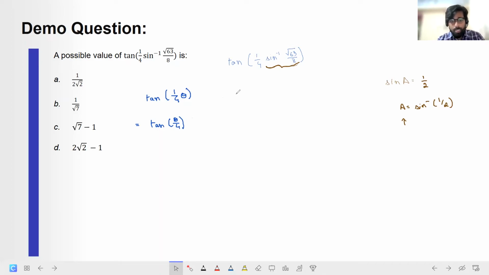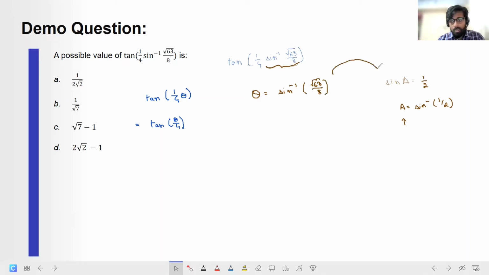Here's how we're going to proceed. The first thing that I did is that I've written it in terms of an angle. But now here's the substitution part. Theta is equal to sine inverse of root 63 by 8, isn't it?